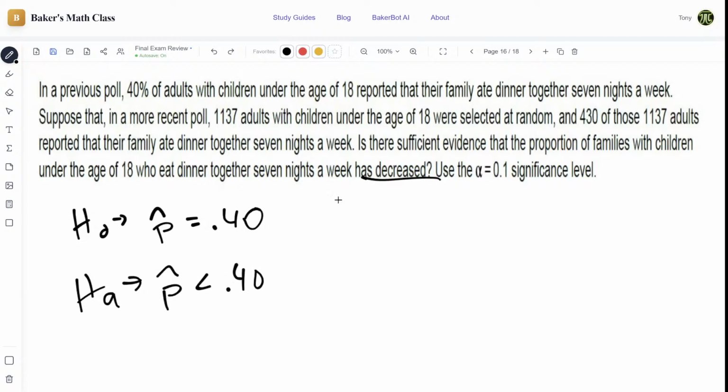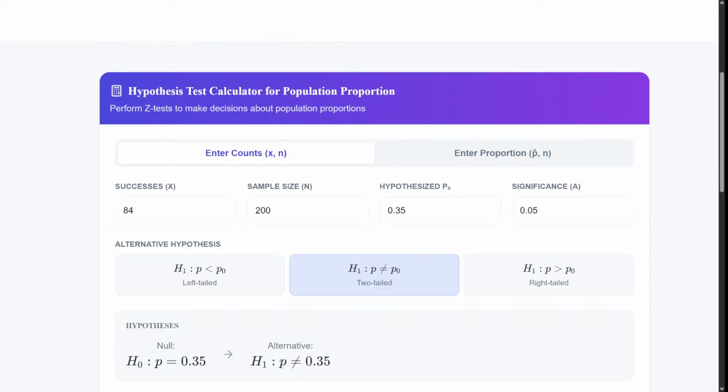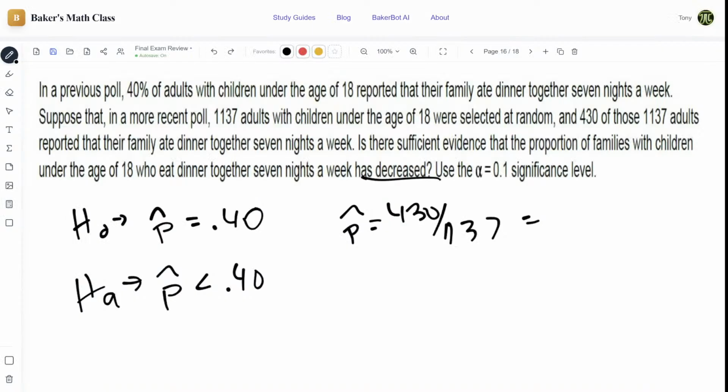And what is my sample proportion now? It's 430 out of 1,137. Can somebody do that calculation real quick? 0.38. Thank you.